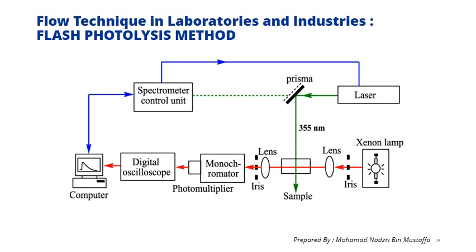The slides already include an example of a flash photolysis instrument used in laboratories, so you can get a clear picture of what flash photolysis is in the real world.